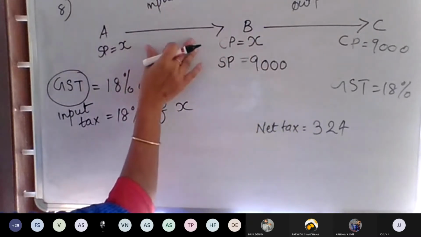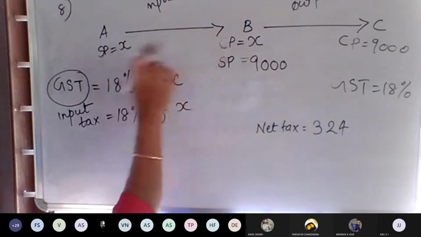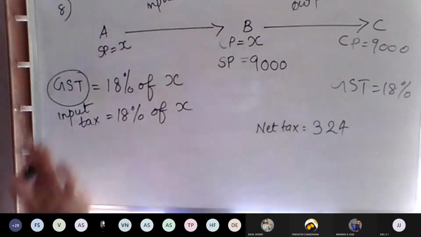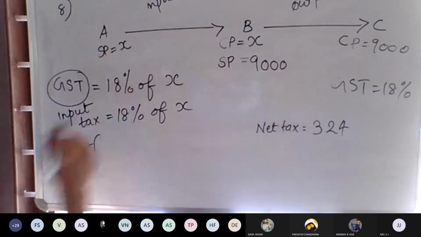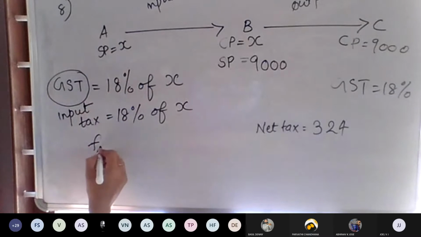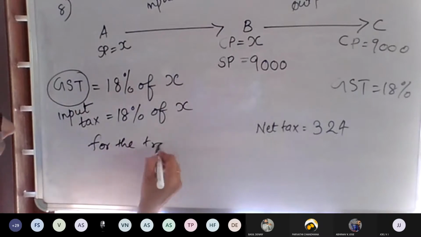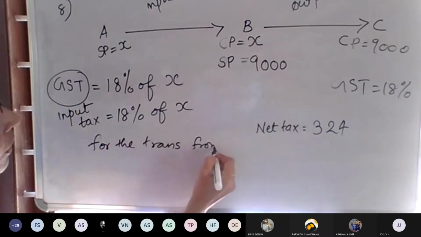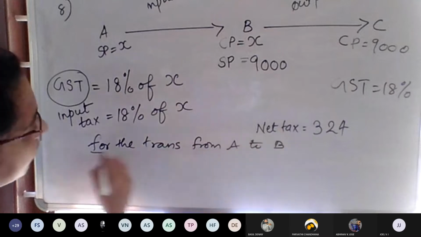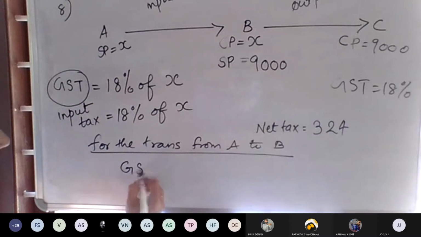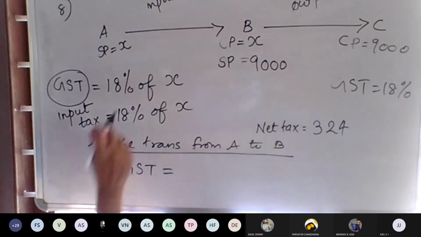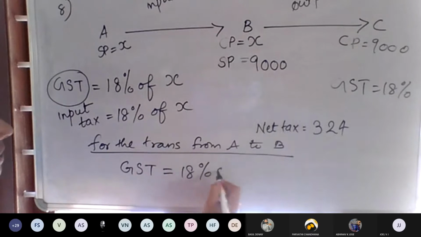For finding the input tax, we first find the GST between A and B. Write the side heading: transaction from A to B. GST is equal to 18% of X.